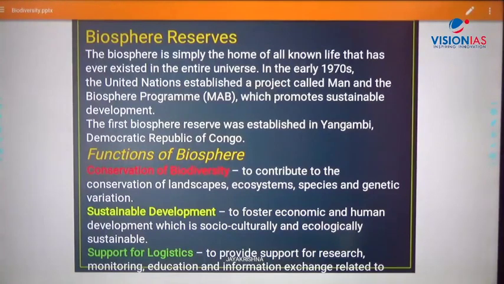It analyzes the issues of sustainable development. It helps the young researchers to develop new strains of breeds.